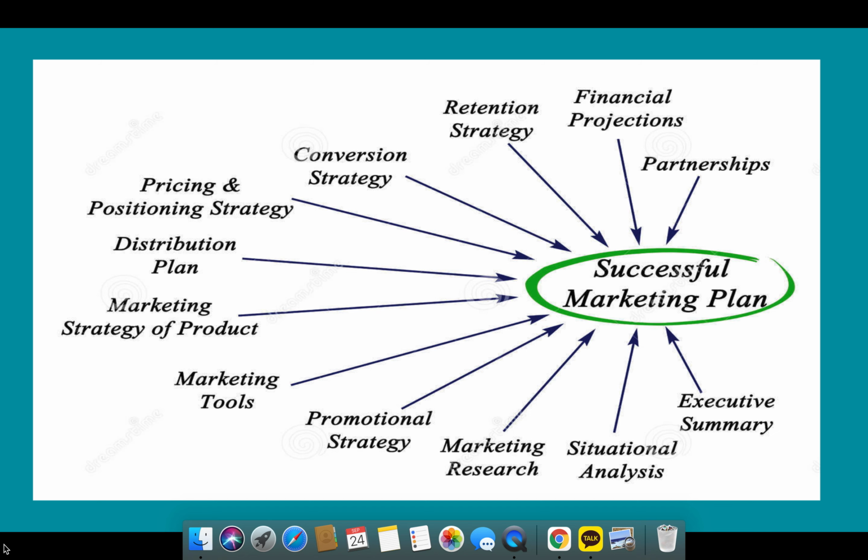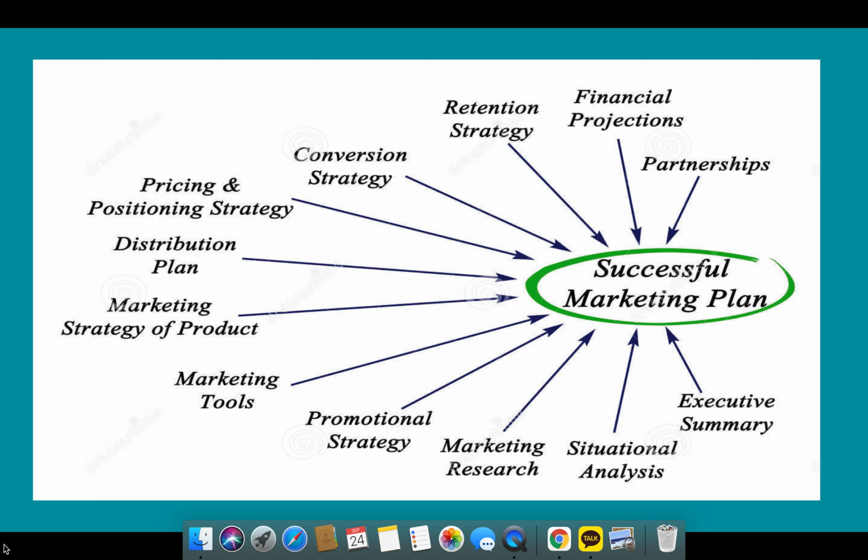While the marketing research is something done outside, meaning that if you want to justify the plan that you would like to execute, it has to be backed up by marketing research.